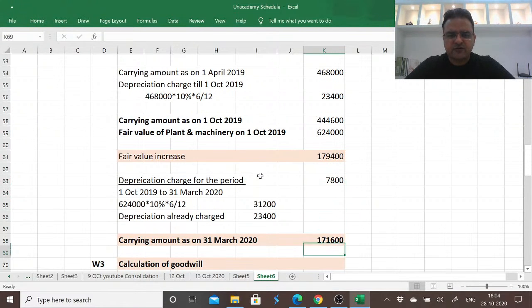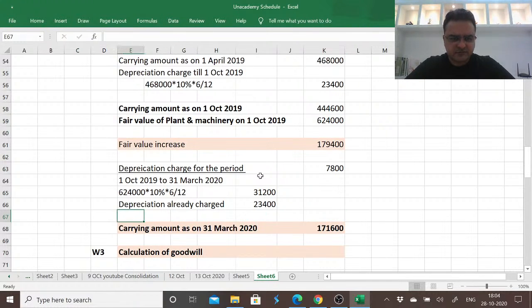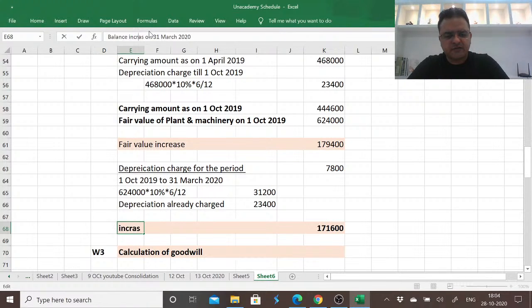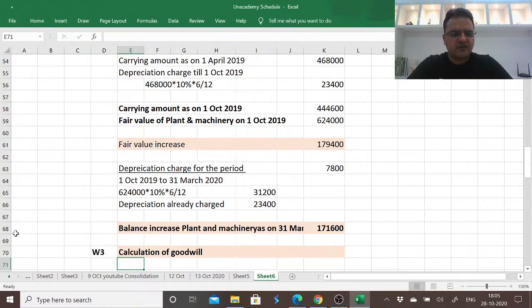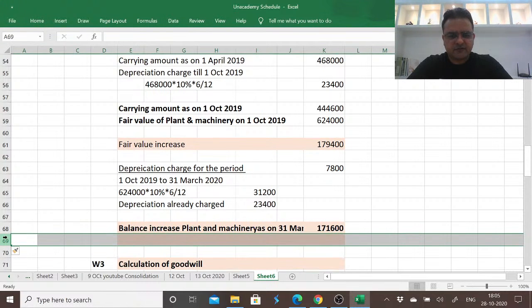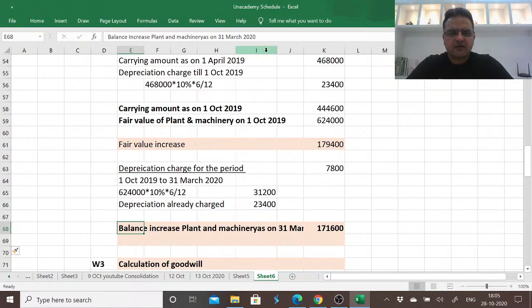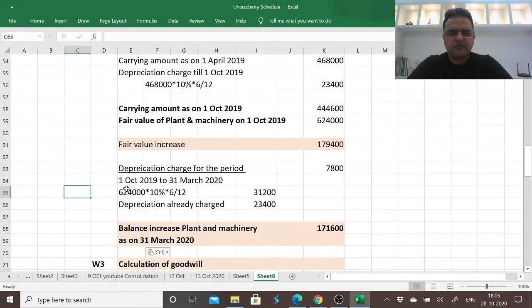So if we wish to know the carrying amount or the balance, I would say the balance increase of plant and machinery as on 31st March 20.